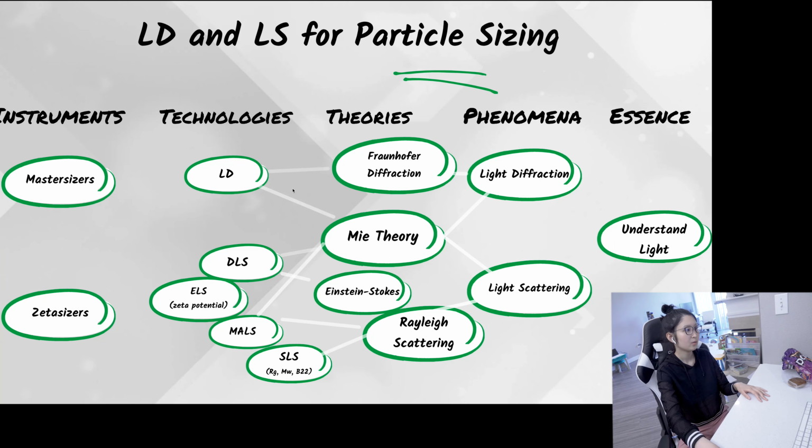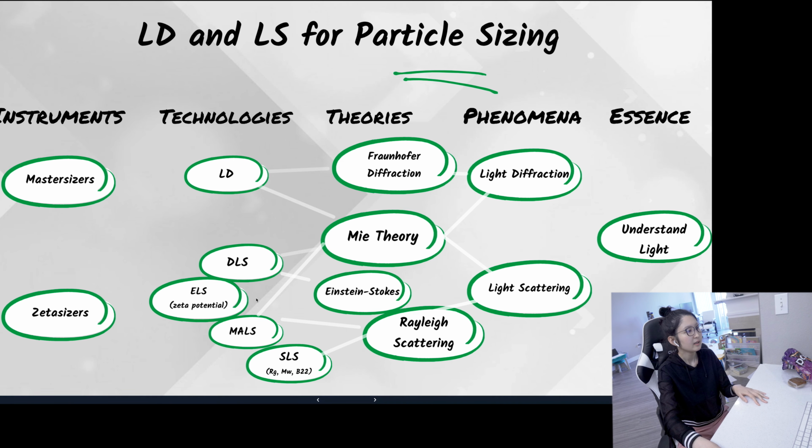So let's start with DLS, which is the key point I want to talk about in this video. DLS is dynamic light scattering, and I had two lines linking it to Mie theory and Einstein-Stokes equation, but really 99% of DLS is Einstein-Stokes equation, and only 1% links to Mie theory.